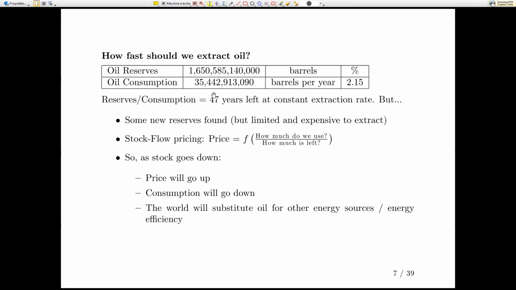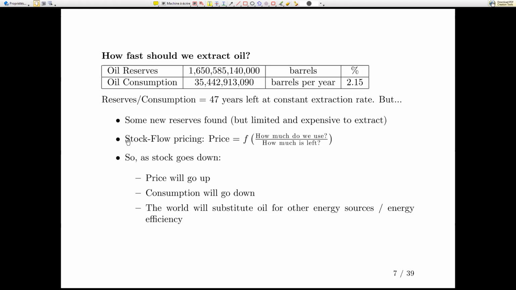So should we expect that we're going to extract the same percentage per year, or the same absolute number per year? Probably the same percentage. Why? Because the price is going to go up. I discussed this a bit in the introduction.